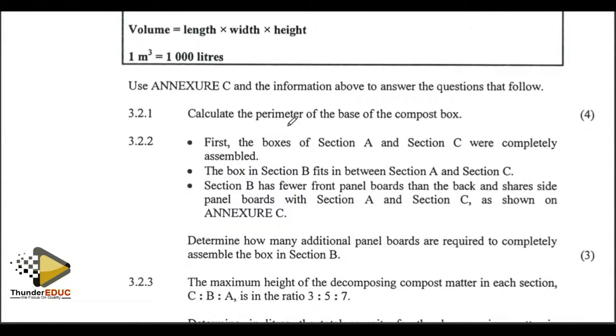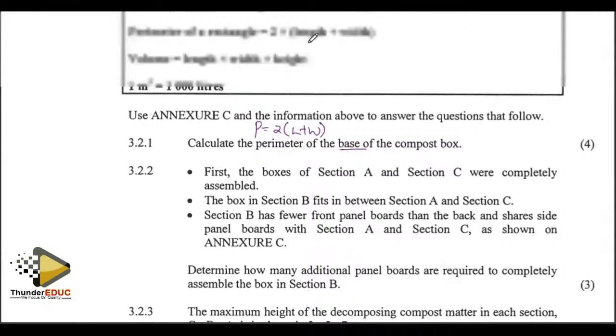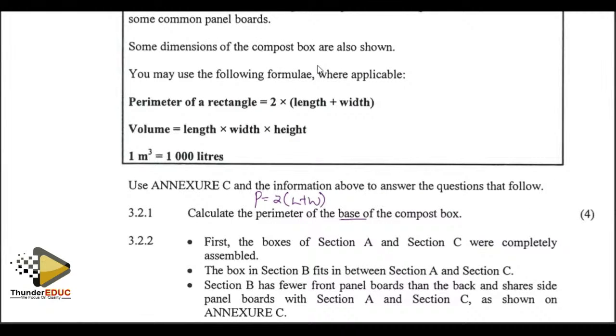Get the perimeter of the base of the composite box. So now, perimeter, in your head, you already know it's a rectangle. You're looking at the base, which is still a rectangle. So perimeter will equal 2 into length plus width. But you have a task ahead of you of looking for the length.